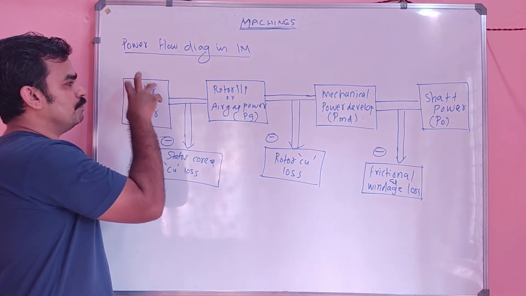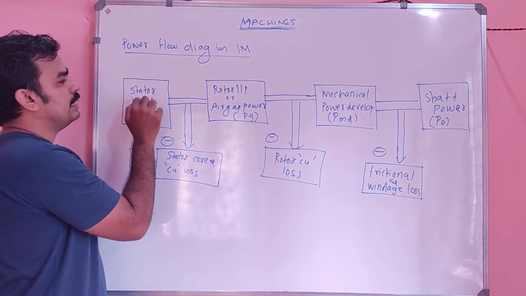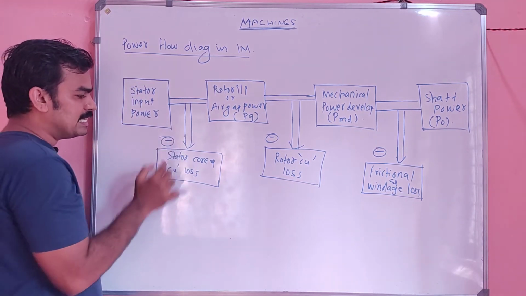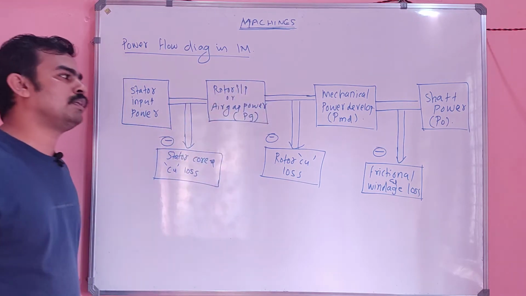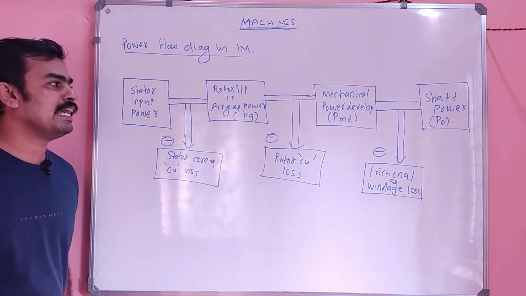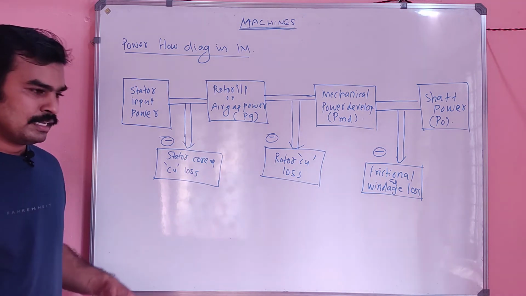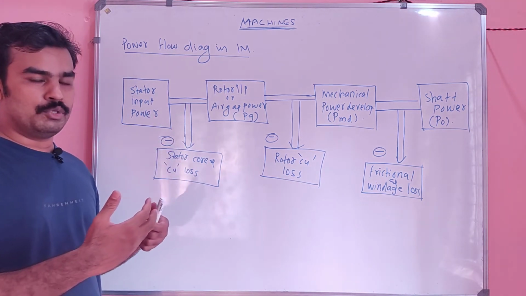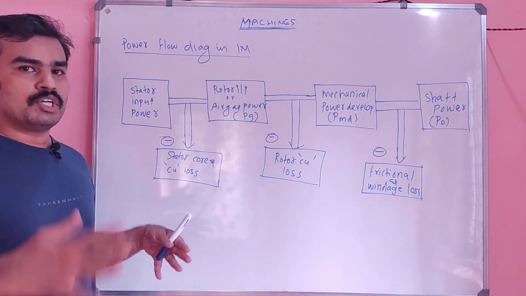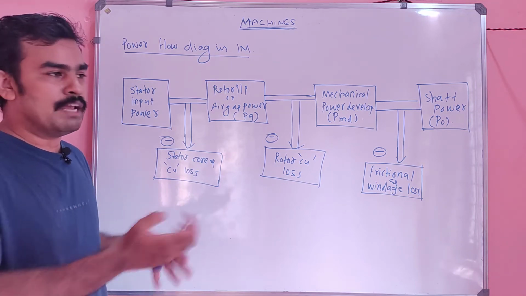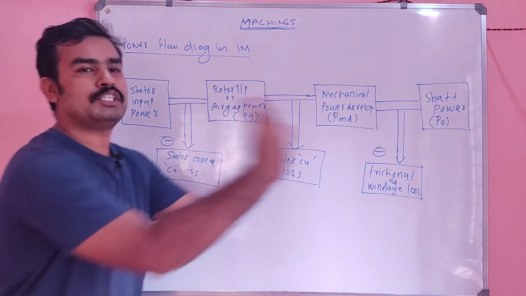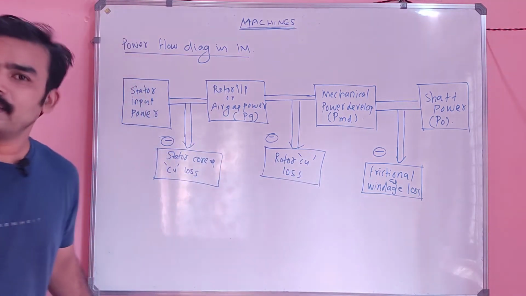So the stator input power minus the stator core loss and copper loss will give you the value of rotor input power or air gap power.